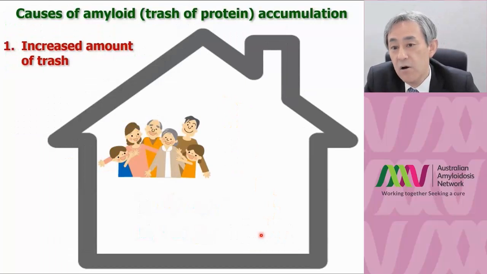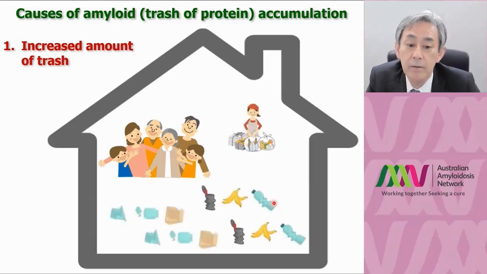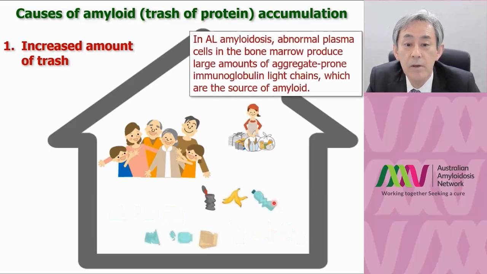So what causes amyloid accumulation? One reason is increased amount of trash. In AL amyloidosis, abnormal plasma cells in the bone marrow produce large amounts of aggregate-prone immunoglobulin light chains, which are the source of amyloid.